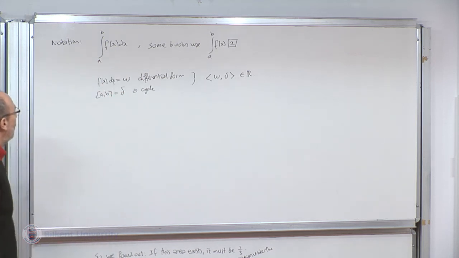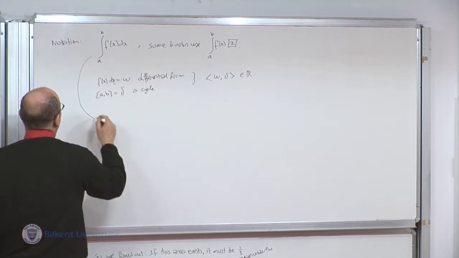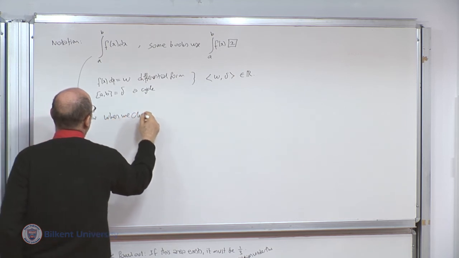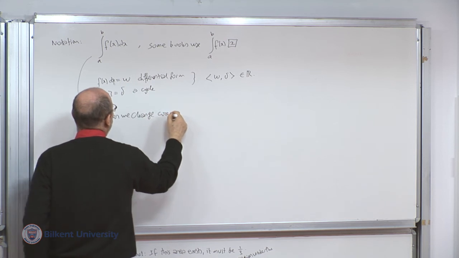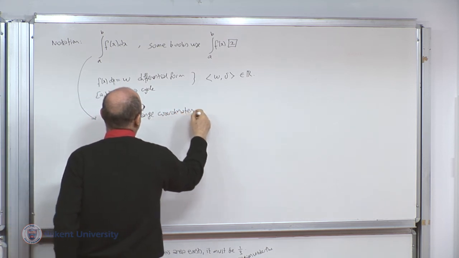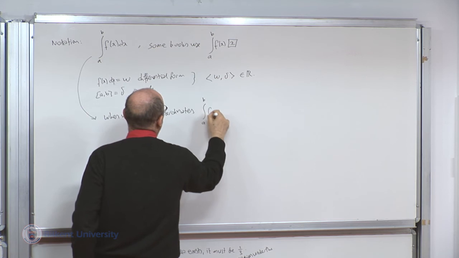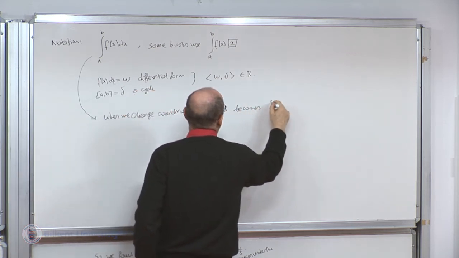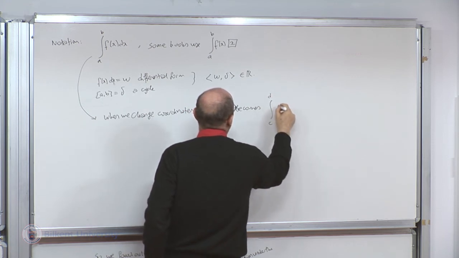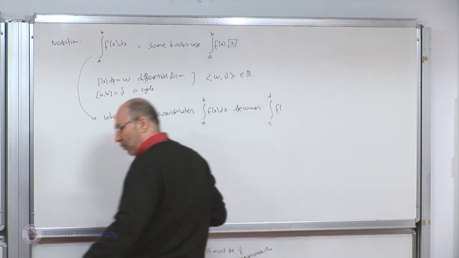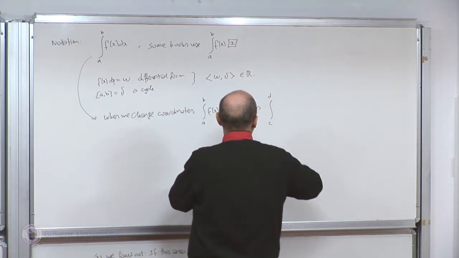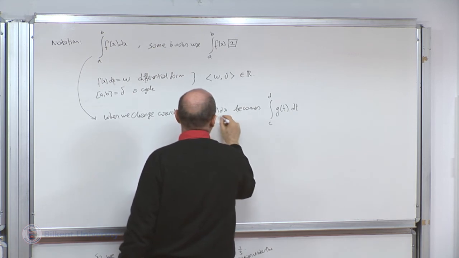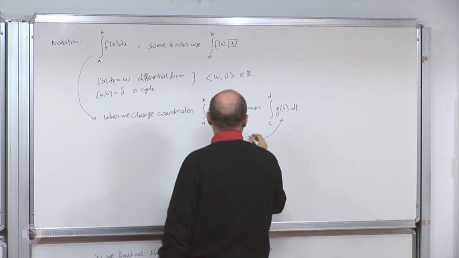But of course, we have to carry this notation, because later on, we will do this in this chapter, when we change coordinates, the integral from a to b of f of x dx becomes, let's say, the integral from c to d of a new function g of t dt. The passage from here to here is as follows.